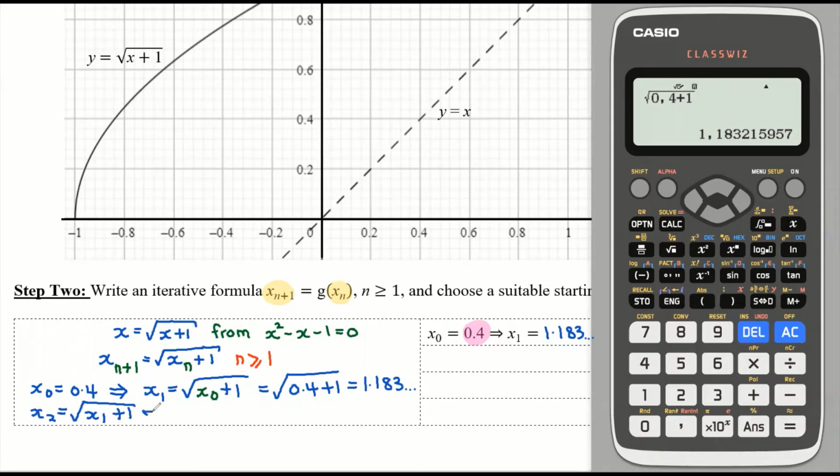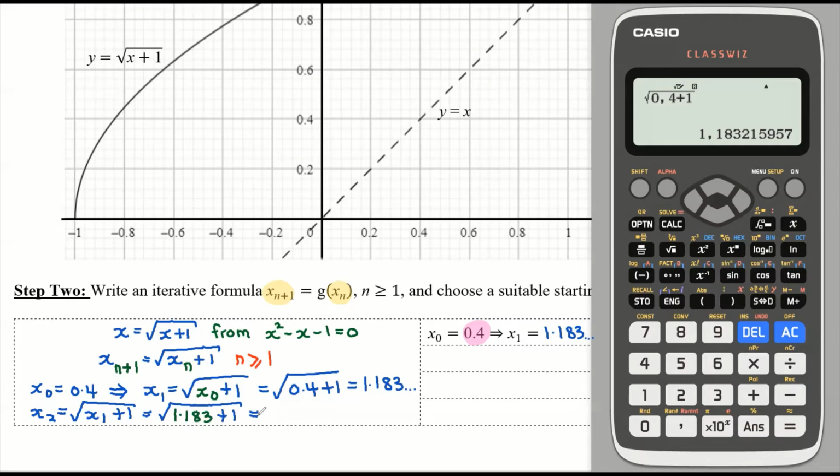Okay, and that is obviously equal to the square root of whatever x1 was, which is the 1.183. That's obviously rounded, plus 1. Take the square root of all that. Now, it's obviously quite crude doing it like this because it's clunky and we're rounding our answers. I don't want to round the answers. So now I'm going to create an iterative formula on the calculator.